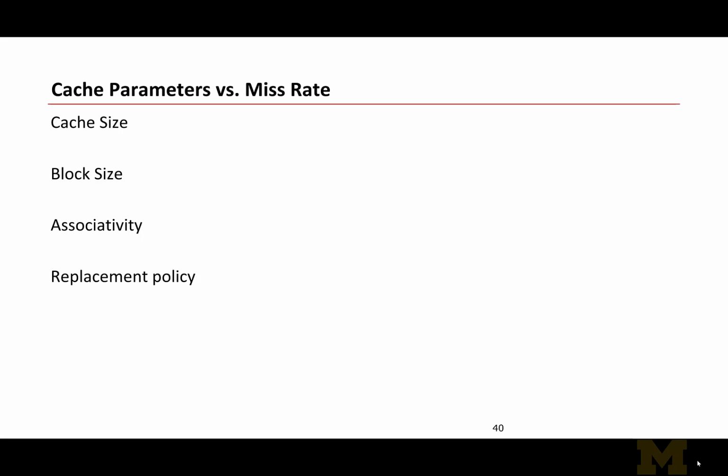The answer often depends upon your target applications and the processor technology that you're trying to leverage: the processor's clock frequency, how long it takes to go to the main memory, etc. So there's no one right answer for these parameters, but we can come up with a set of design principles that would govern how to choose them.